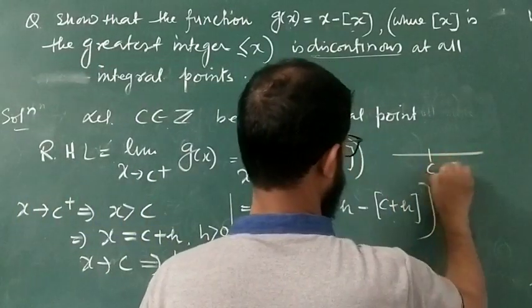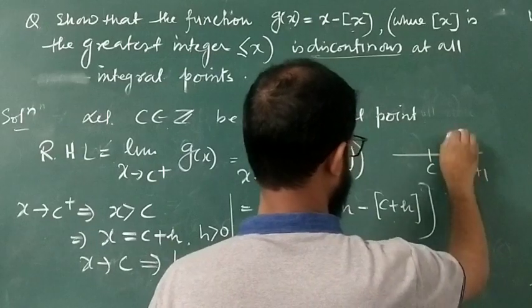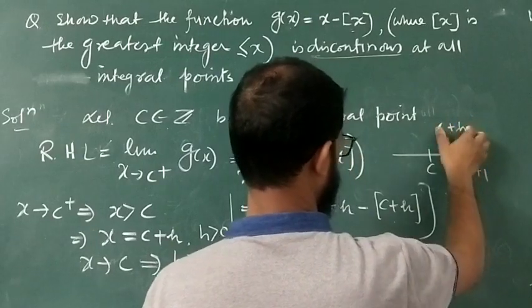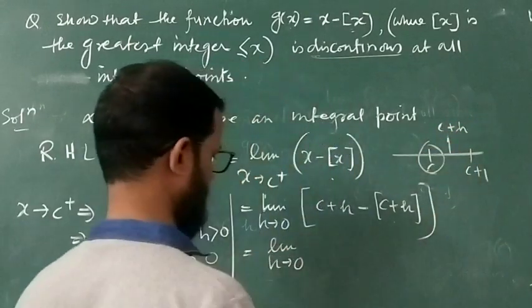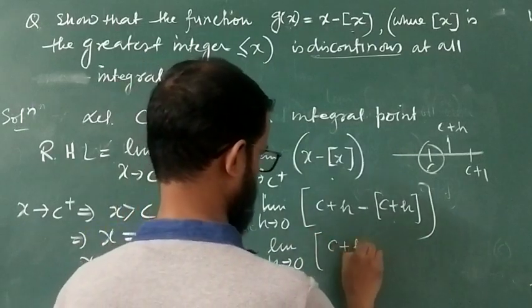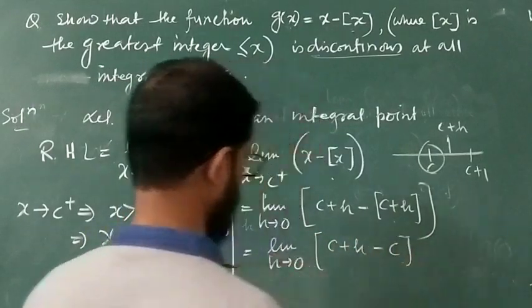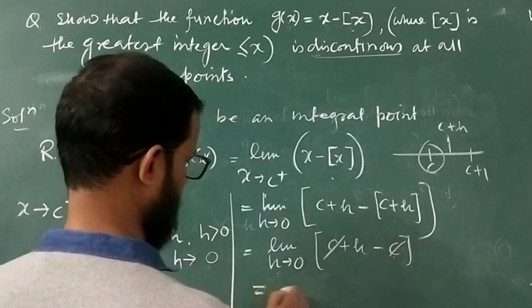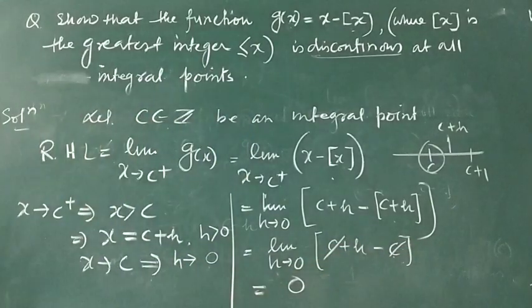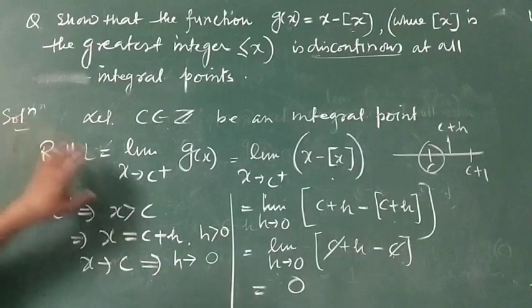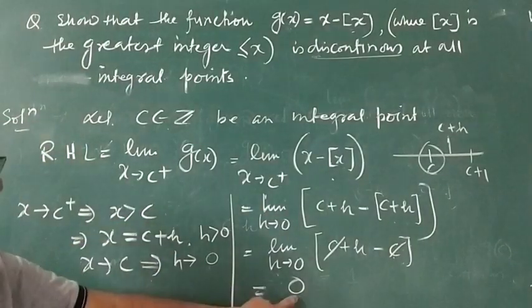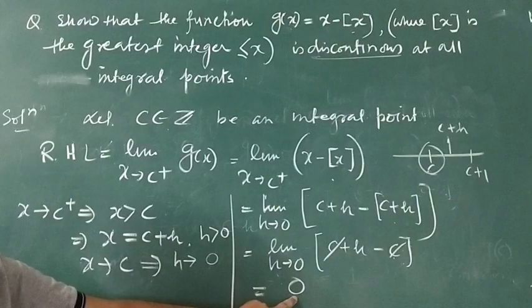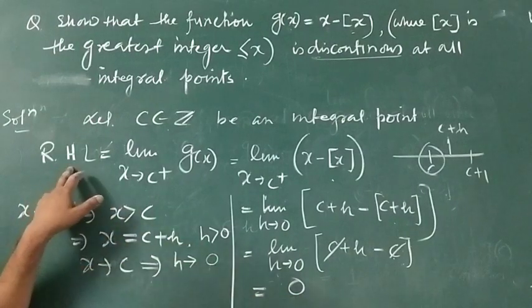C plus h lies between what? C and C plus 1. This is C plus h. So what will be its box? It will be C. So you can write C plus h minus C, and finally you put h equal to 0. C cancels. Your answer is what? 0. So we are getting that the right hand limit is equal to 0, and 0 is a fixed and finite number, and therefore the right hand limit also exists.